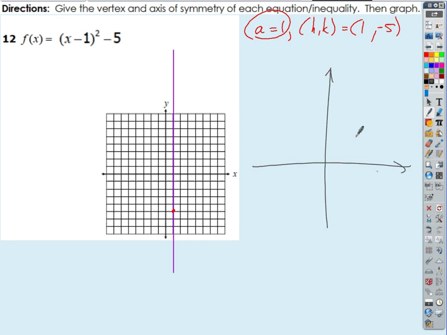If I'm graphing p of x equals x squared, what's the shape of a plain old x squared graph? The vertex is at the origin, right? If I go over 1 to the right, how far up do I go? 1. I go up 1 squared, don't I? Right? So over 1, up 1 squared means I go up by 1. I go over 2 and up by 4 because I'm squaring it, right?